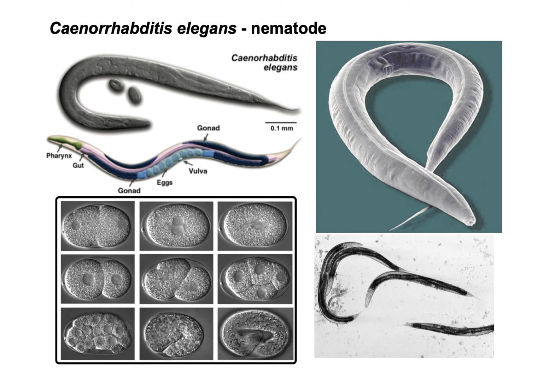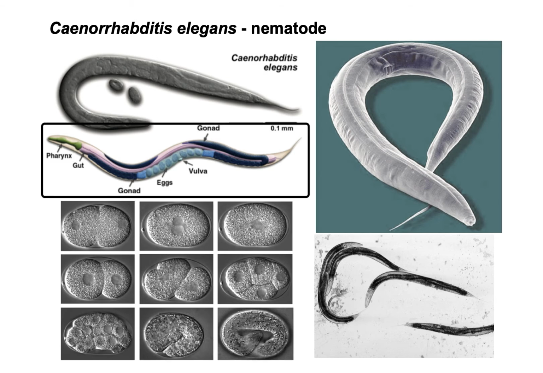And you can see here during development you get division of the zygote, and then further divisions, and finally development into the nematode itself. It's a fairly simple organism. There's a pharynx, a gut, an anus down here, and gonads in the middle.